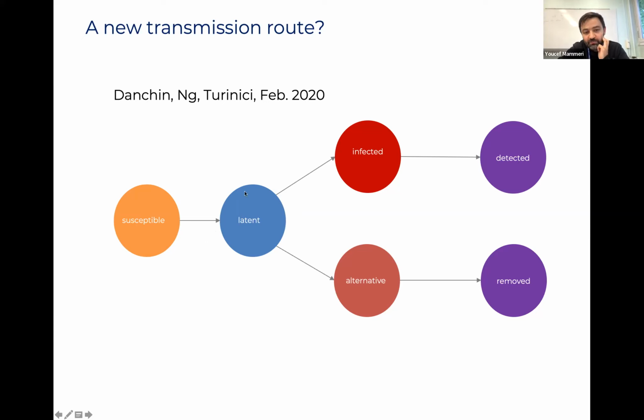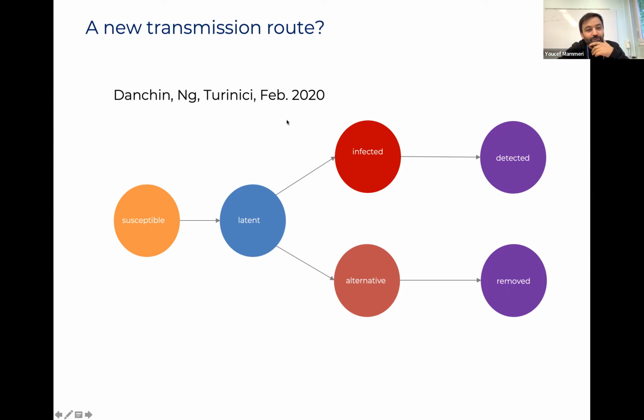There's one more compartment, which is the latent. The latent is you are infected, but you don't know yet that you are infected, but you are already infected. What they proposed in their model was that you are latent, already infected, you don't know, and some will indeed be infected and be detected. These people will be controlled, but still there's some alternative way.